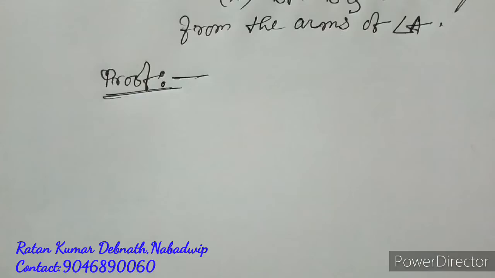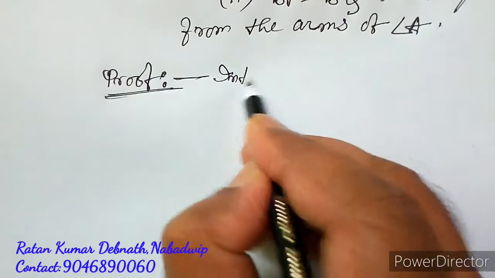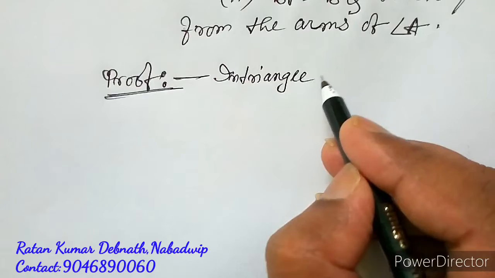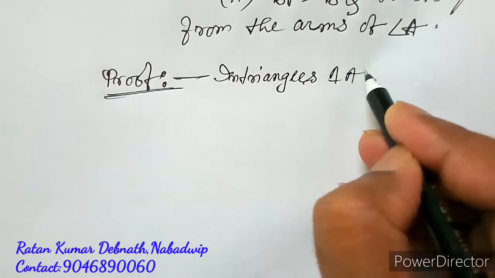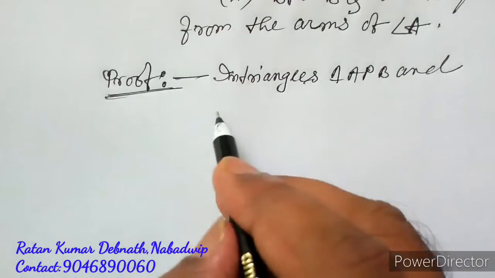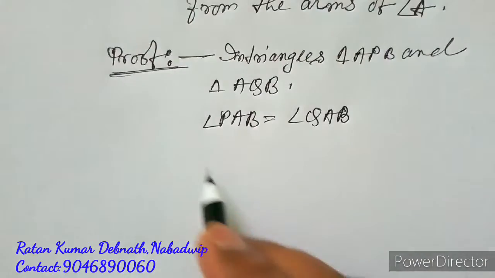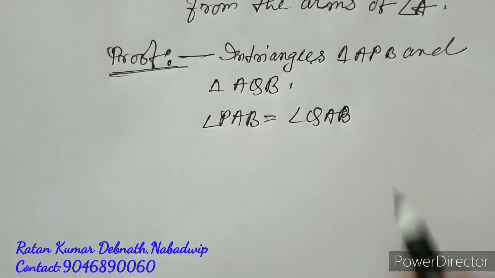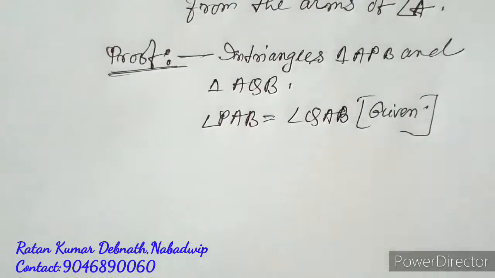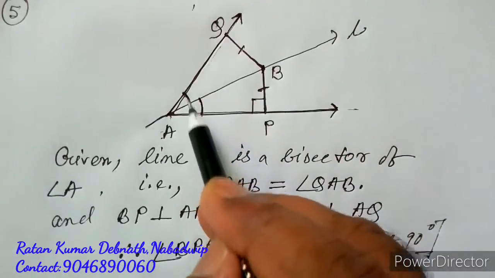Proof: in triangles APB and triangle AQB, angle PAB equal to angle QAB, given, because L is the bisector of angle A, therefore this angle equal to this angle.